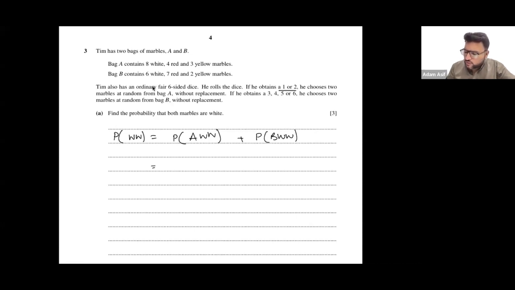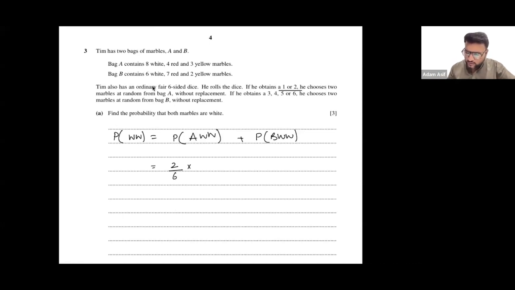If the die lands on 1 or a 2, he chooses bag A. So the probability of choosing bag A would be 2 upon 6, because we are going to choose bag A with either having 1 on the dice or 2 on the dice. That's 2 outcomes out of 6 on the dice.